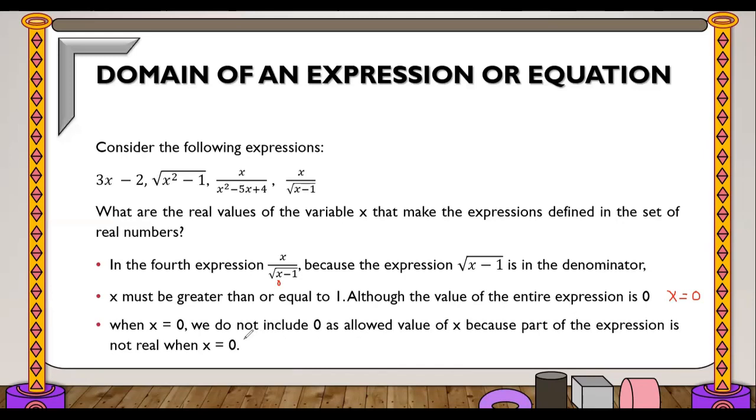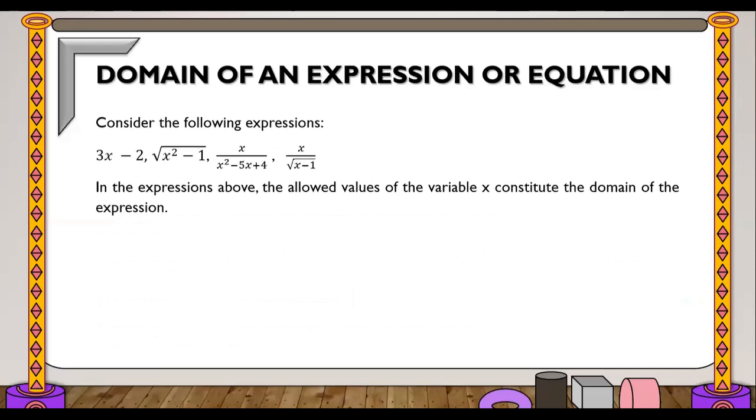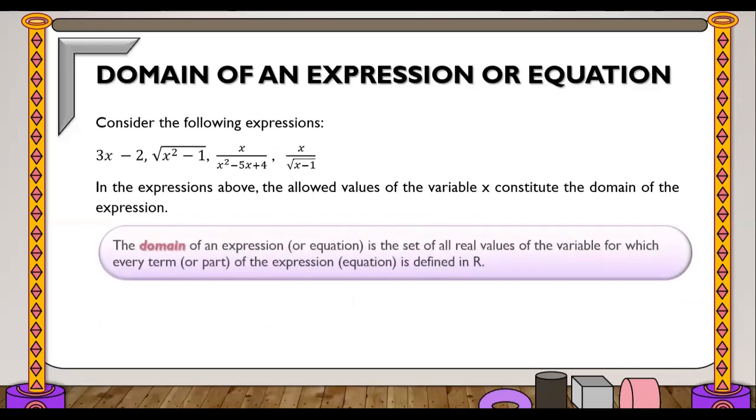So, ano ngayon ang pwedeng maging value of x natin to make the expression real? So, ang pwede lang ay greater than or equal to 1. The set of real numbers such that x must be greater than or equal to 1. Okay?